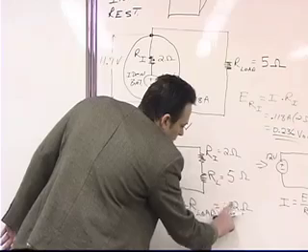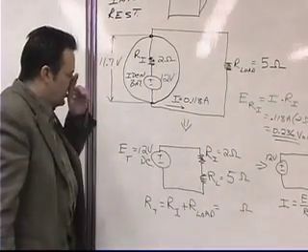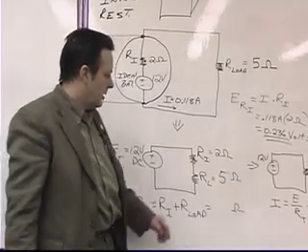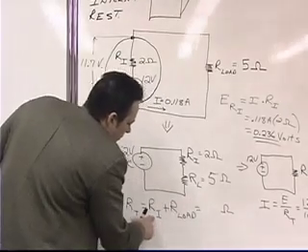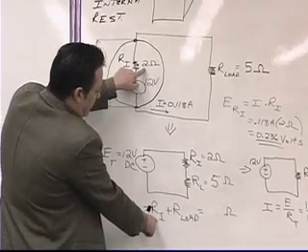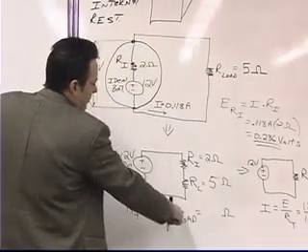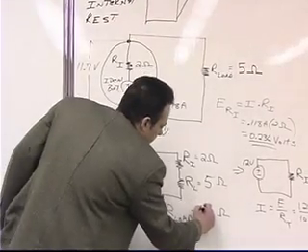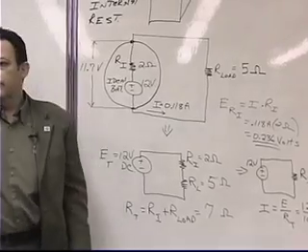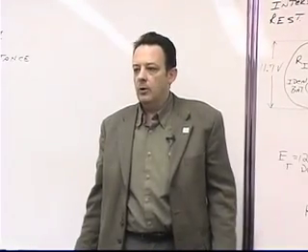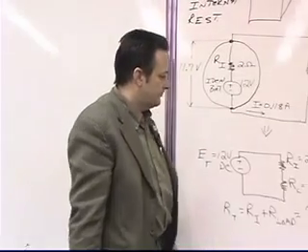And our total resistance has changed from 102 now to what? 5 and 2. The internal resistance is 2 ohms, and the load resistance is 5 ohms. And when we sum those up algebraically, we get 7 ohms. Okay, so our total resistance for the entire circuit is 7 ohms, including the internal resistance of the battery.